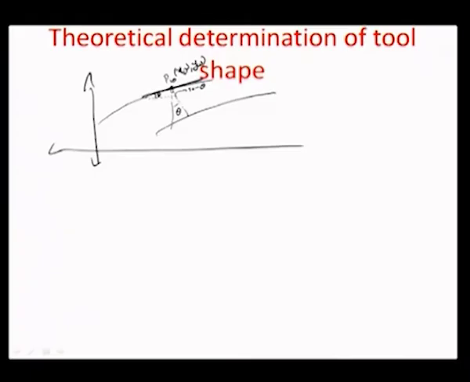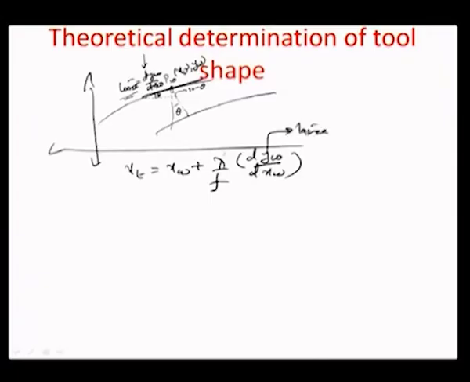So, this tan of theta is actually dyw by dxw, right, and so therefore, we can safely assume that g tan theta can be expressed as xt equal to xw plus lambda by f dyw by dxw, tan theta. This is the g tan theta.